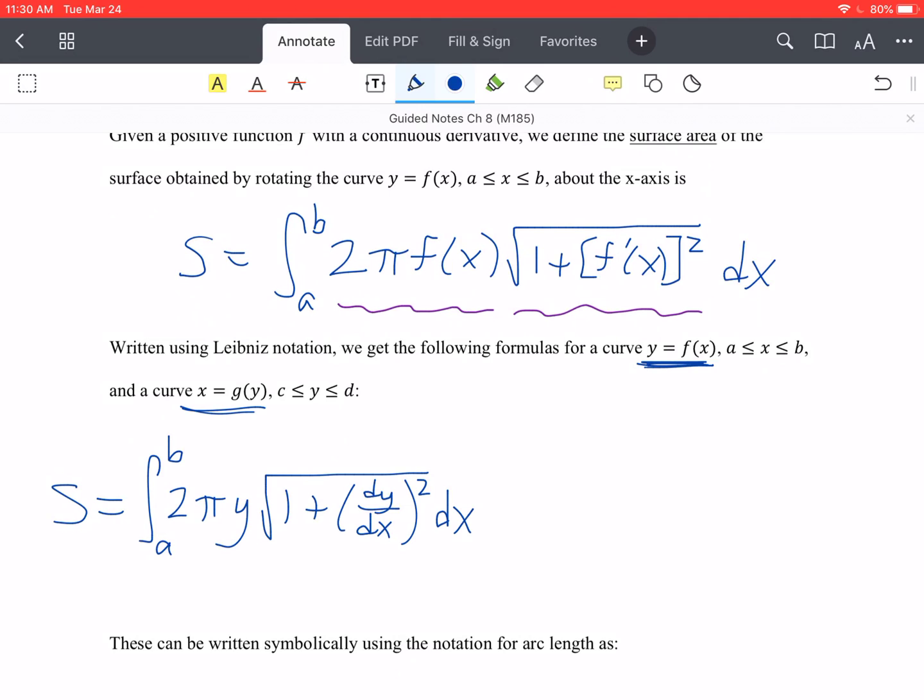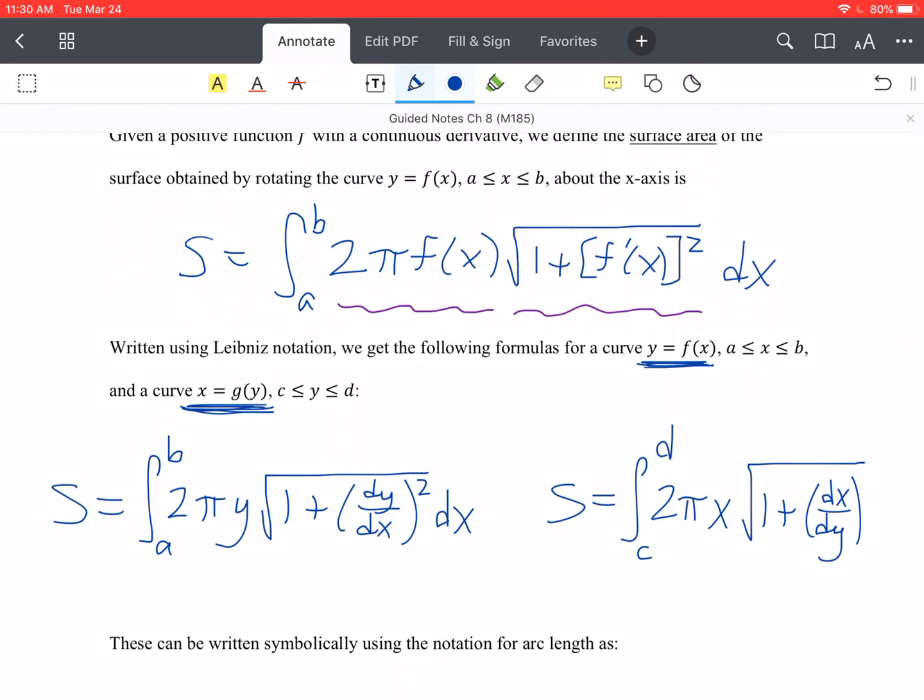And then for x being equal to a function of y, we have s is the integral from c to d, and those are the bounds on y, 2 pi x, again, because x is a function of y, times the square root of 1 plus dx dy, the derivative of x with respect to y, squared dy. So we've got our two different versions of this formula.